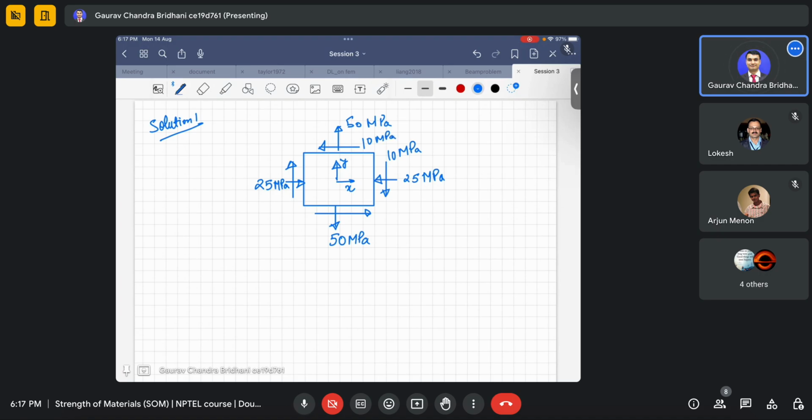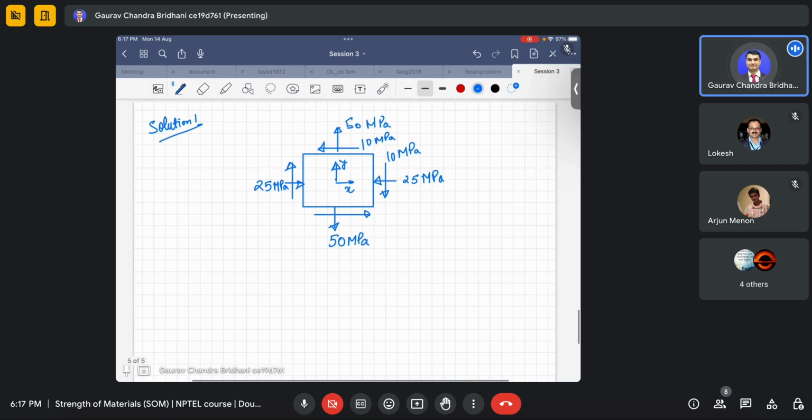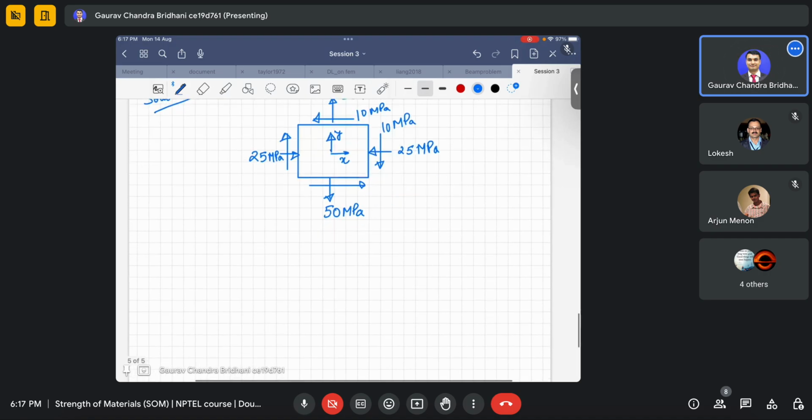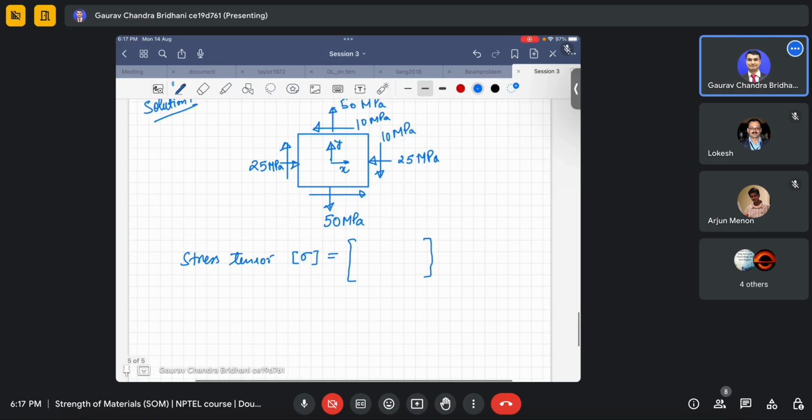Okay, so first of all we will write the stress tensor matrix from this. Let's do that. Stress tensor sigma. I would suggest you also write it yourself.